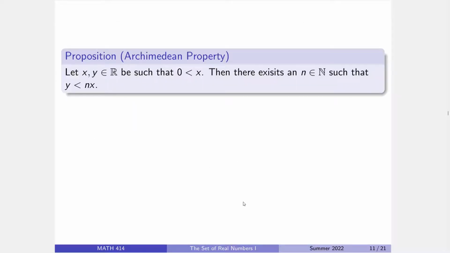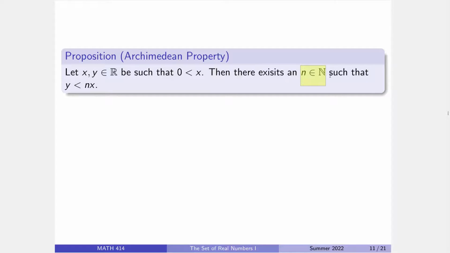Alright, so let's actually prove something that, in my opinion, is one of the main reasons why I want the natural numbers to start at 1, and that's something called the Archimedean property. Archimedes probably understood this, but obviously the Greeks didn't have algebra, so he wouldn't have written it this way. So what does the Archimedean property say? It says that if you've got 2 real numbers, x and y, with x strictly positive, then there is a natural number n so that y is less than or equal to n times x.